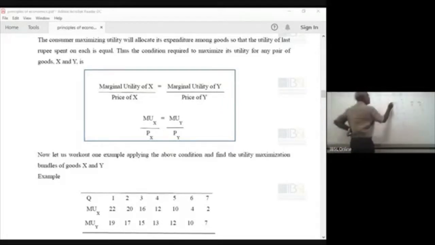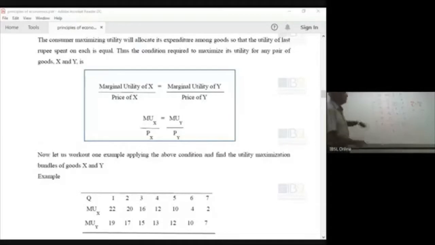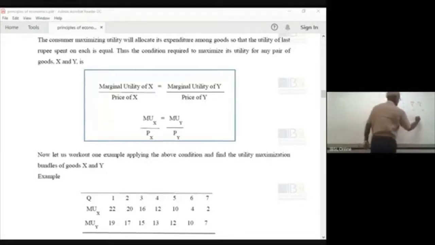X is 2. What is Y? Understand? MUX over PX equals MUY over PY. Combination 2 and 6, utility is maximized. X equals 2, Y equals 6.